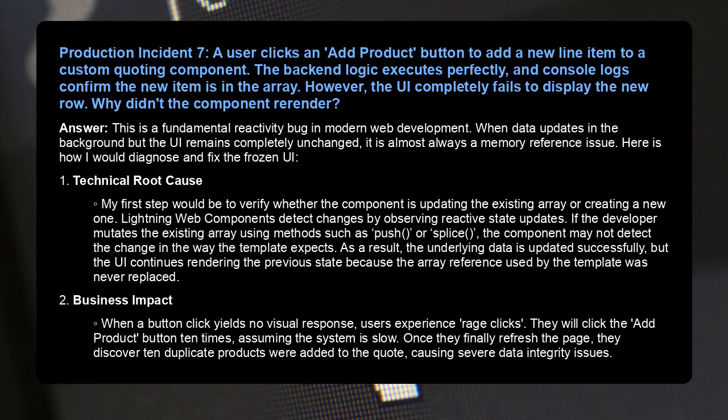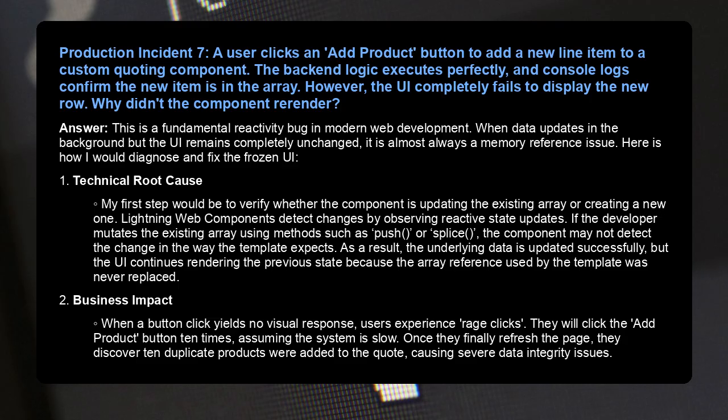Lightning Web Components detect changes by observing reactive state updates. If the developer mutates the existing array using methods such as push or splice, the component may not detect the change in the way the template expects. As a result, the underlying data is updated successfully, but the UI continues rendering the previous state because the array reference used by the template was never replaced.